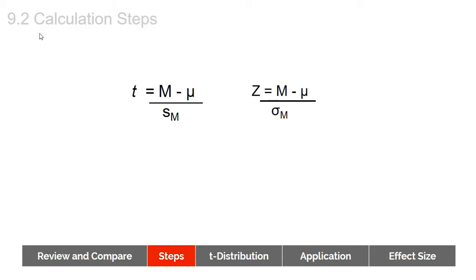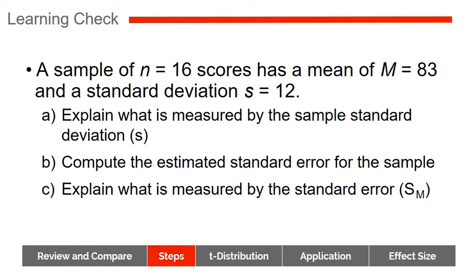So these are the two formulas side by side, and you can see that the only difference is in that standard error. What used to be a population standard error is now an estimated standard error for the population based on what we're seeing in our sample. So therein is the difference.